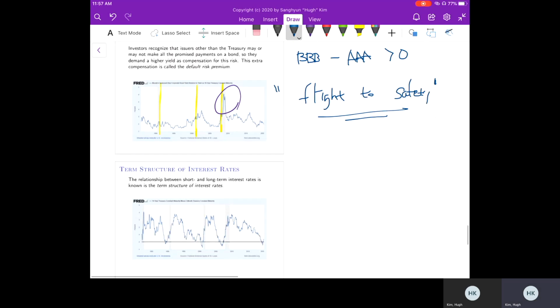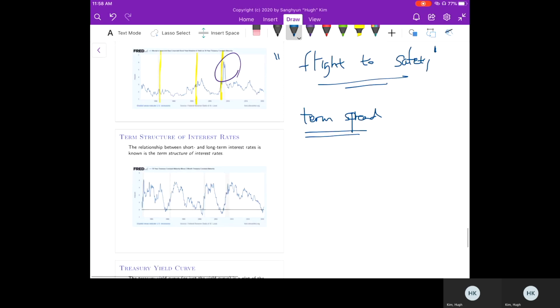Another economic indicator that is associated with interest rates is called the term spread. This is about the term structure of interest rates, which is the relationship between short-term and long-term interest rates.